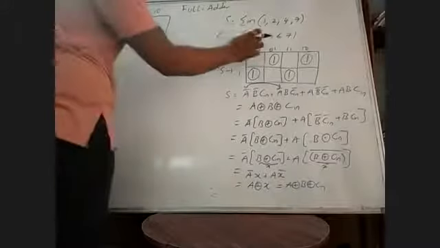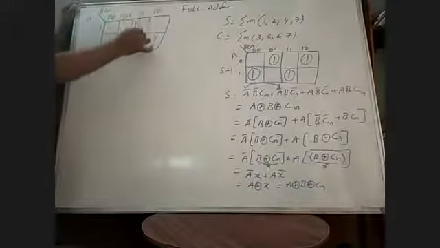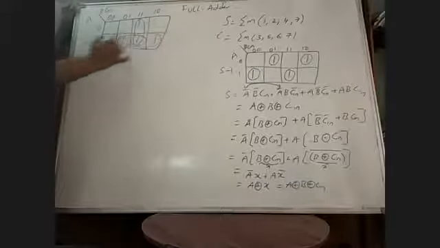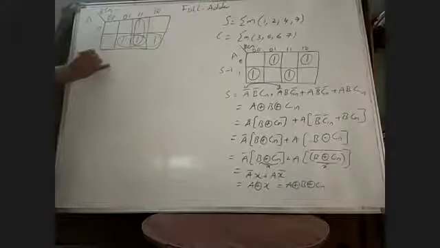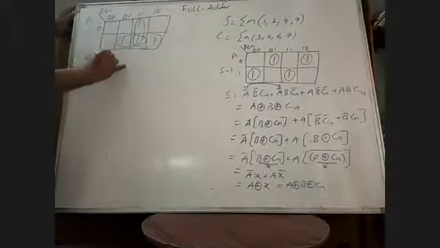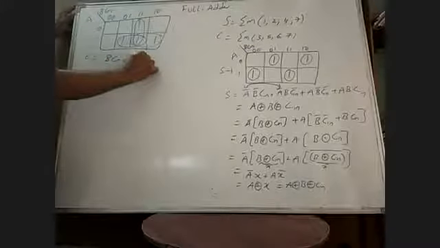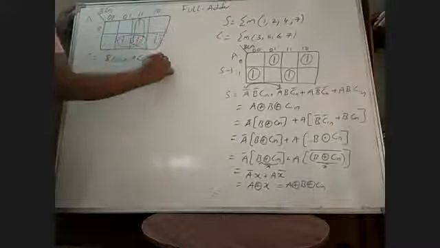What are the min terms? 3, 5, 6, 7. We can map these two and these two. Therefore I can write the carry output expression as: for these two we can write B into C in. For these two we can write A into C in. For these two we can write A into B.